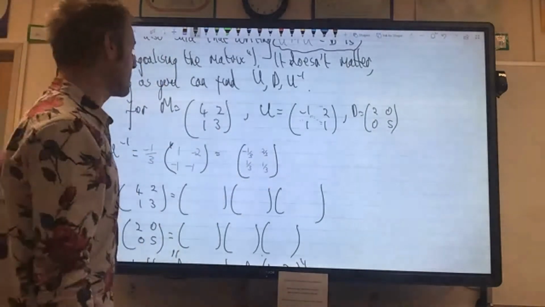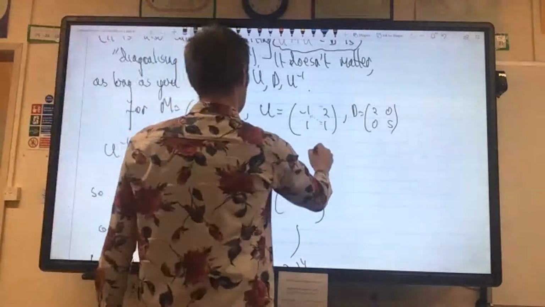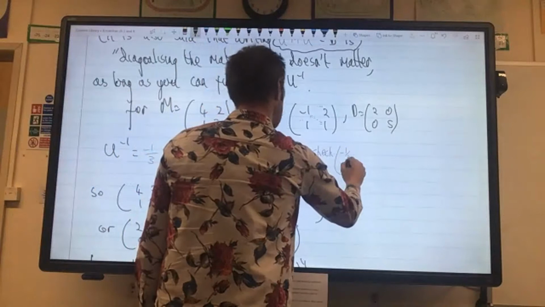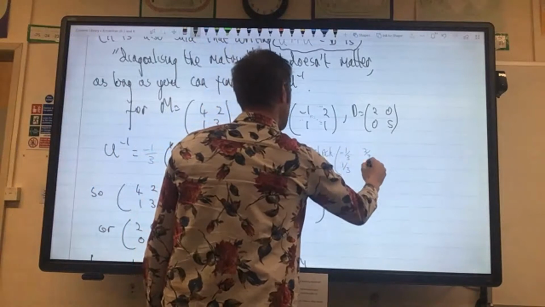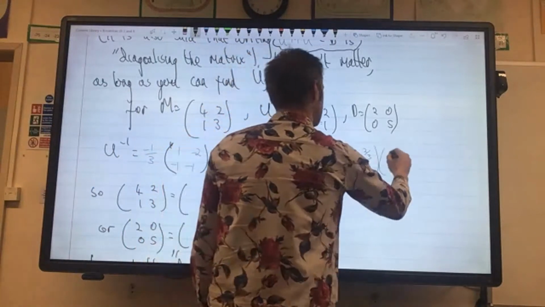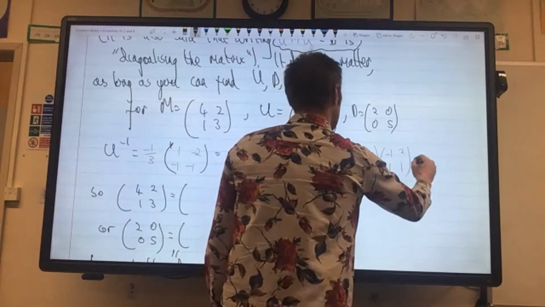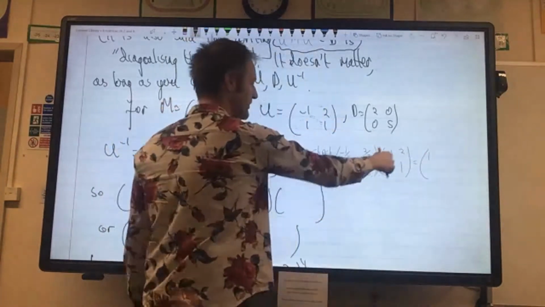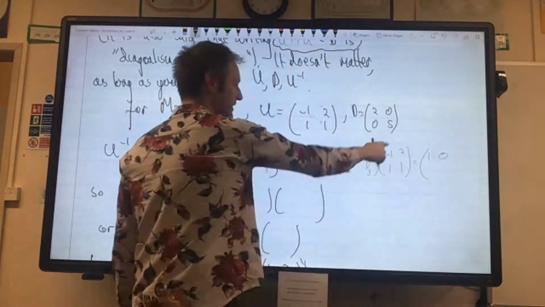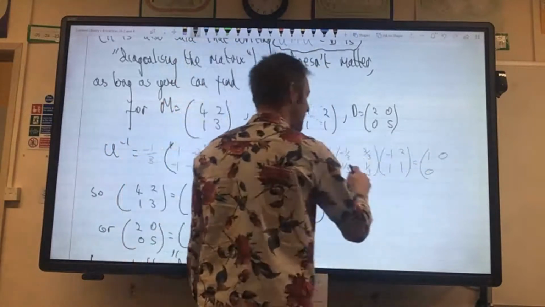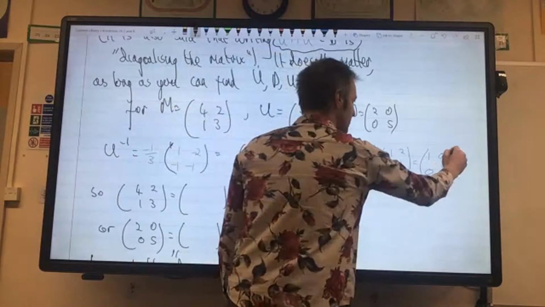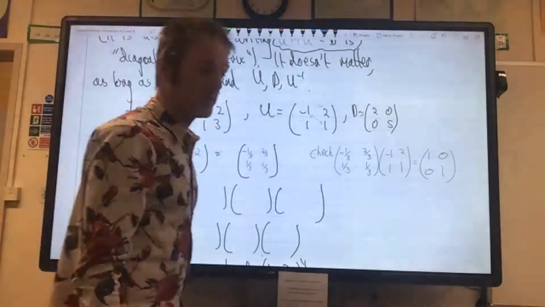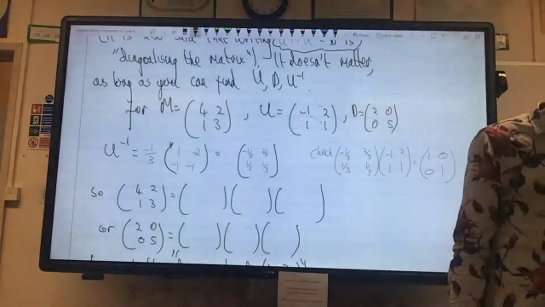If you want to check that it works, you'd have to do that multiplication. A third plus 2/3 is 1. Minus 2/3 plus 2/3 is 0. Minus a third plus a third is 0. 2/3 plus a third is 1. So if you're not too good at finding the inverse of 2 by 2 matrices, or not too good at multiplying matrices, you're going to do some practice on it.